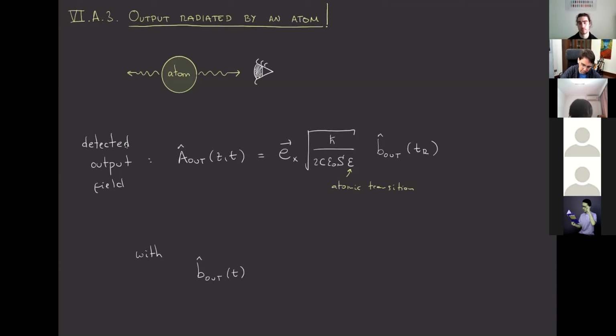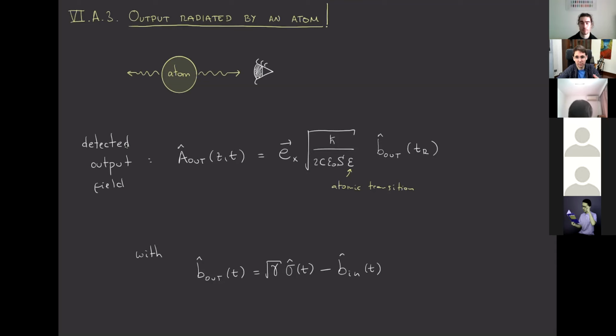And this output operator, funnily enough, is still proportional to the operator of the system, which in this case is the lowering operator of the atom, minus the input operator. But now instead of square root of 2 gamma, we have only square root of gamma.